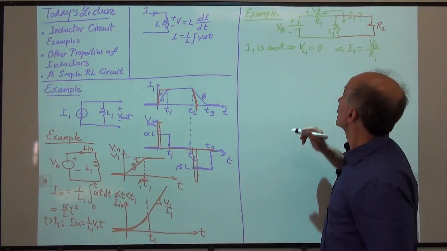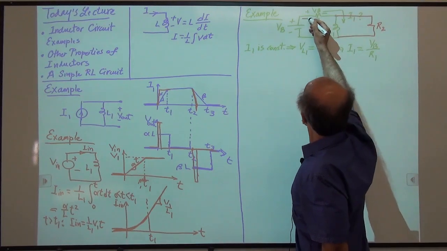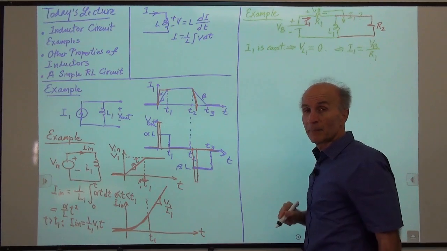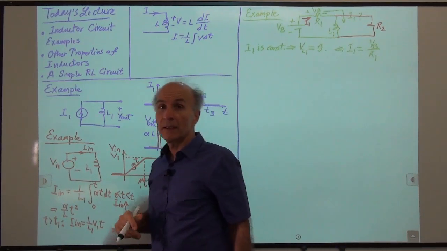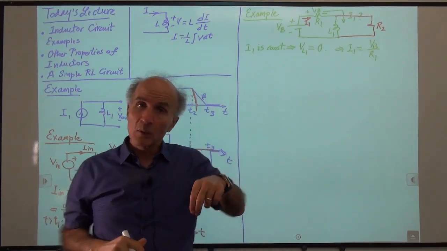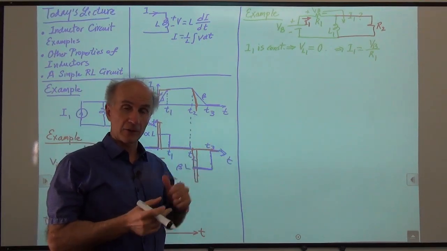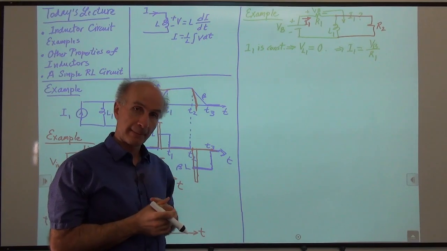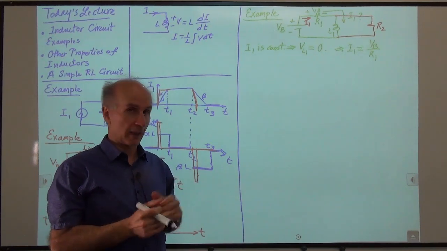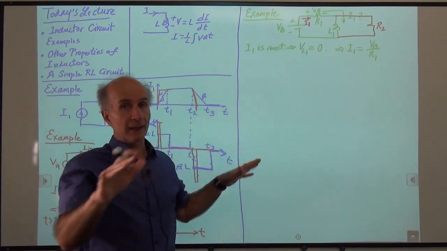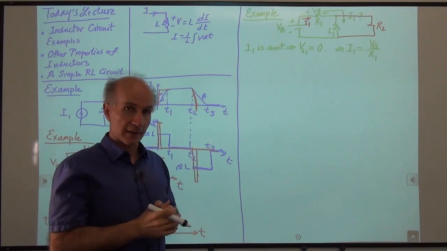Okay, so we'll still keep this current, call this current I1, like before. And the question is, is the red I1 different from the green I1, now that I have added this resistor R2? So we have to think about it and see. Again, we're assuming that the circuit was built a long time ago. All the transients have died away. Everything is constant.